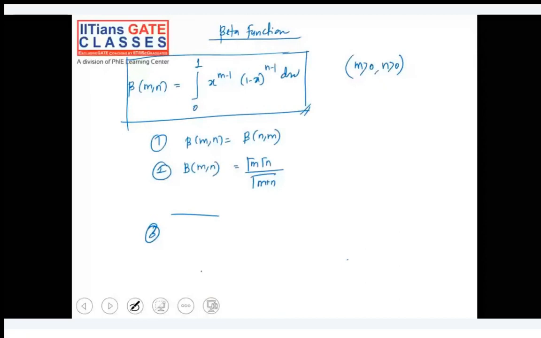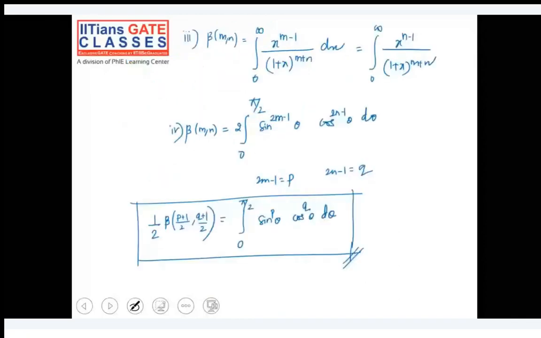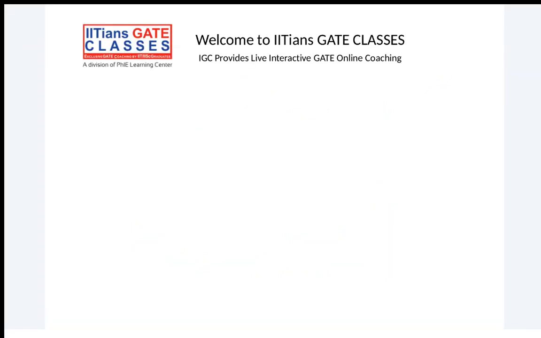So ultimately, what is the use of this? If you have an integration which is in one of these 4 forms, or is reducible to one of these 4 forms, then you can solve that problem very easily by applying the theory of beta and gamma functions.